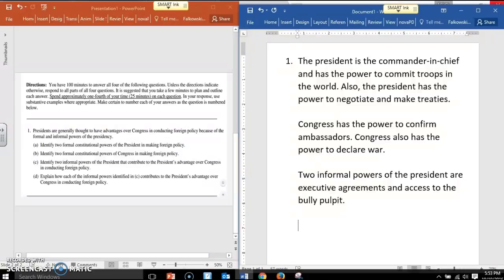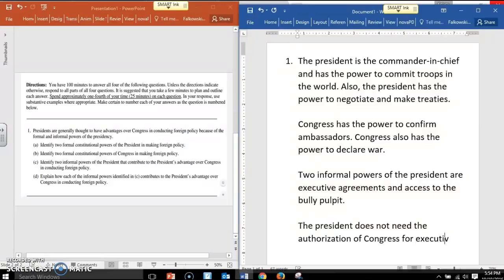Okay, and then for Part D, you must show how or why the identified power gives the President advantages over Congress. So, for example, when you're looking at the power of executive agreements, the President does not need the authorization of Congress.